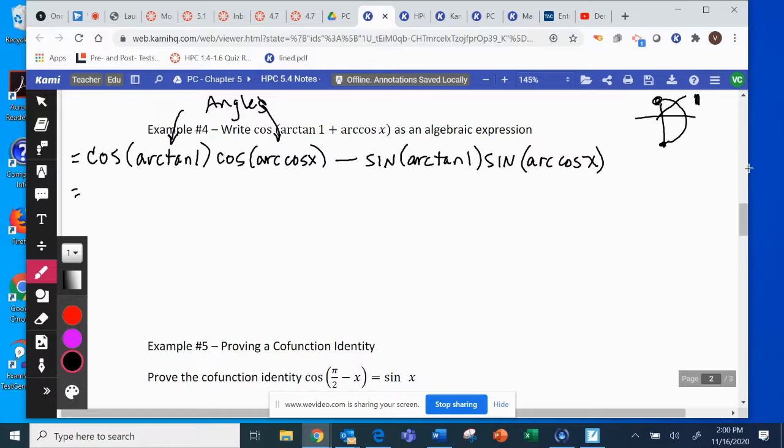Pi over 4. So this would be like saying cosine at pi over 4. Over here, I'm going to skip this arc cosine x just for 1 second. Over here would be the same thing as sine at pi over 4.